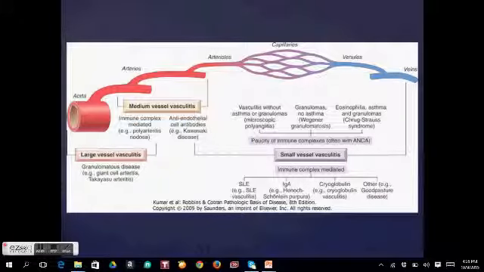Next, moving towards Kawasaki disease, it's very important. It typically affects children, basically in the geographical regions of Japan, Hawaii and the mainland USA. These are the areas where you get to see Kawasaki disease, and typically it's post-viral infection.